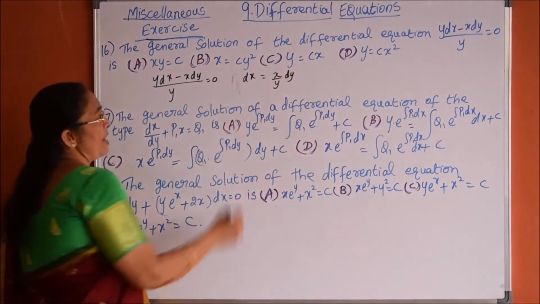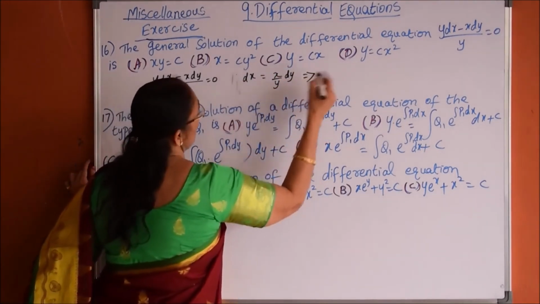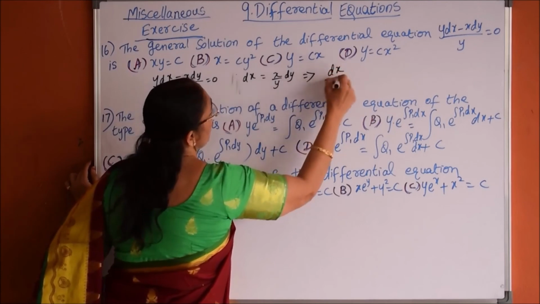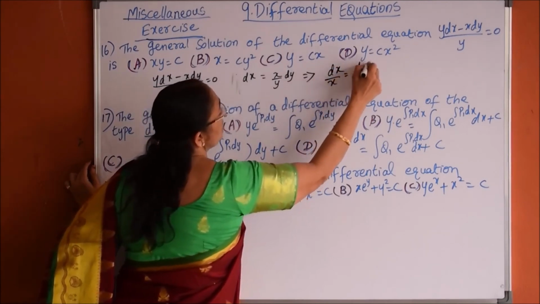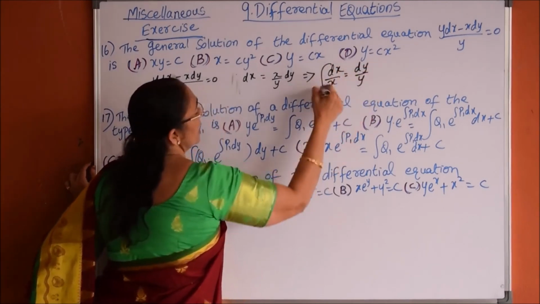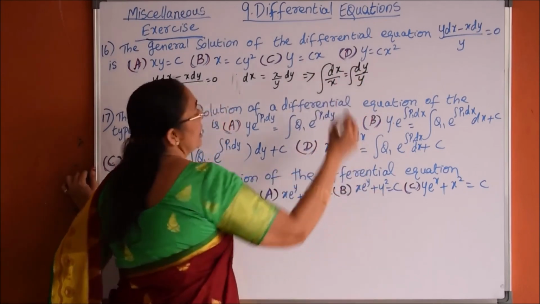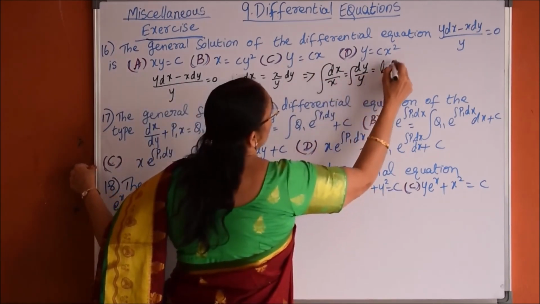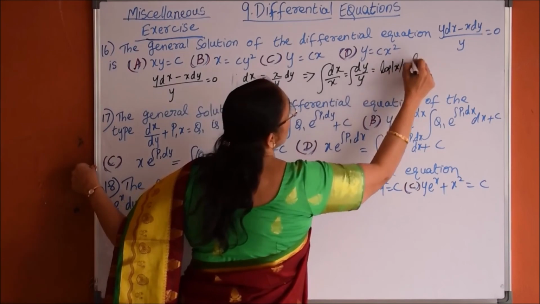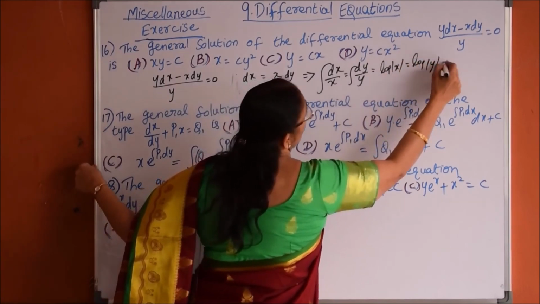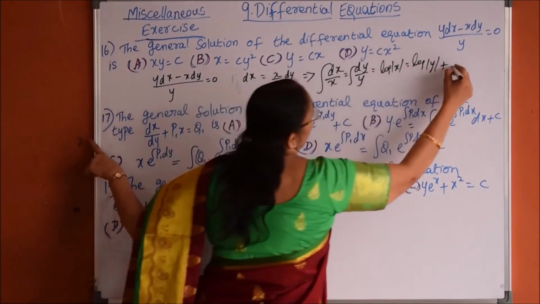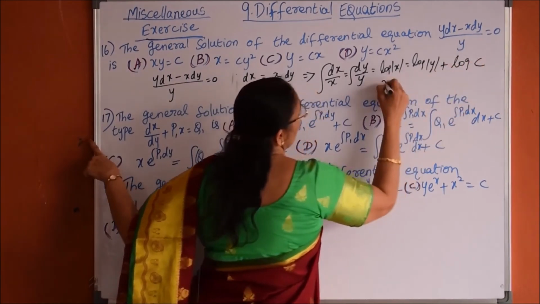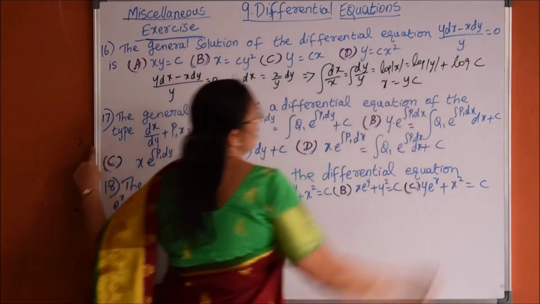Let us separate the variables. This equation is nothing but dx by x is equal to dy by y. Integrating on both sides, we will get log mod x is equal to log mod y plus log c, we can write. So x is equal to yc.